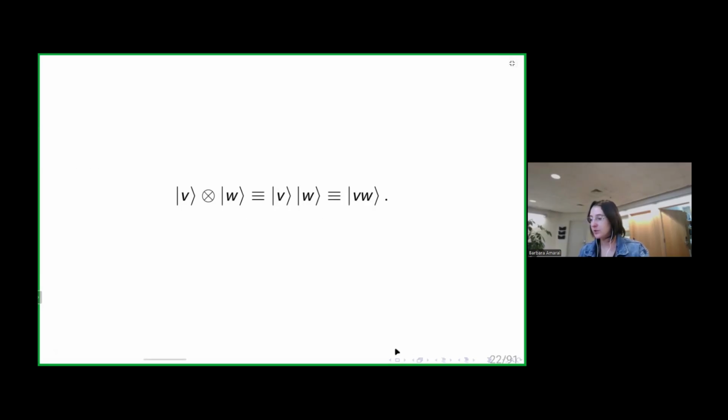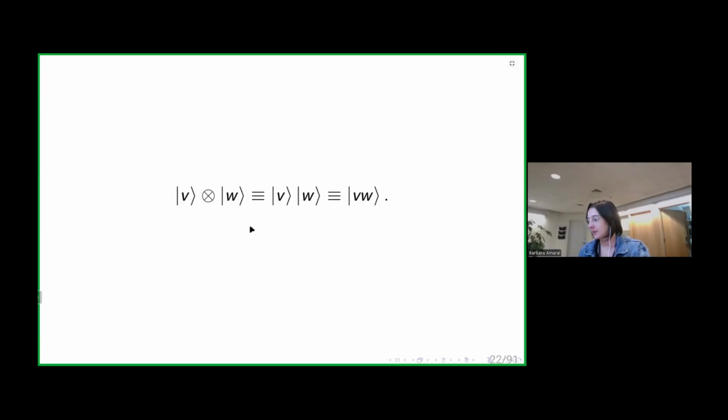So we are going to use this notation. Sometimes we have to be careful. Simplifying may cause us to have trouble with notation or understand it correctly. But whenever you see this kind of notation, it means the tensor product of these 2 vectors.